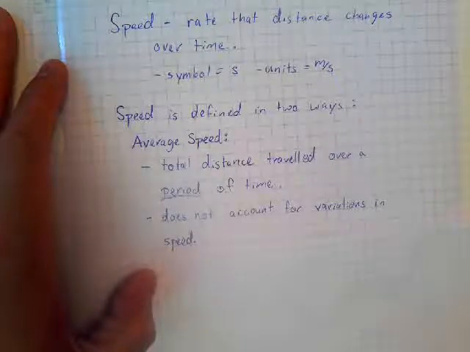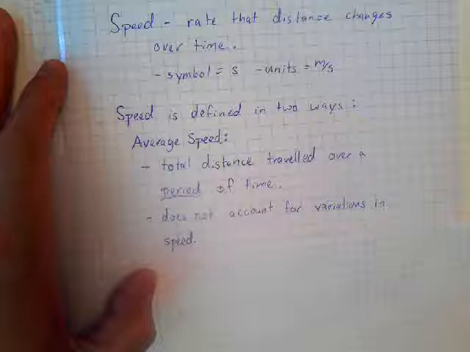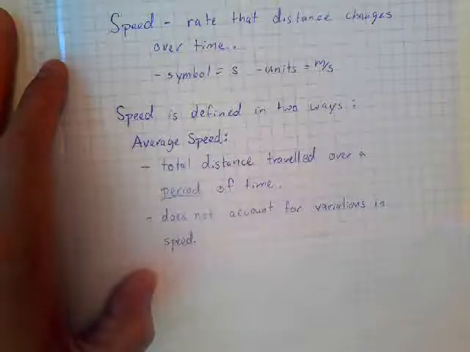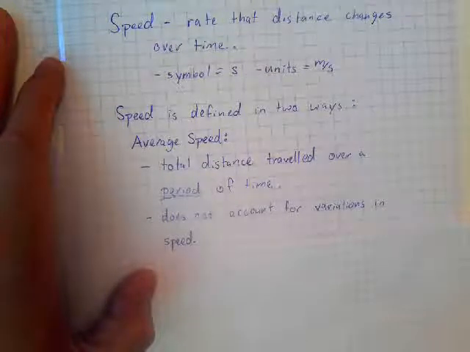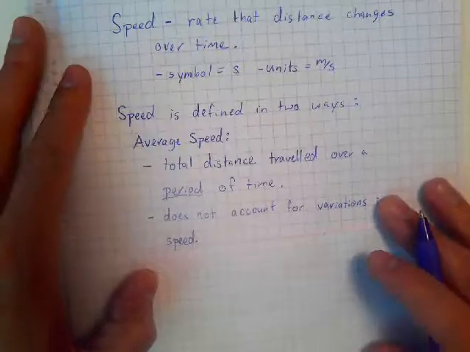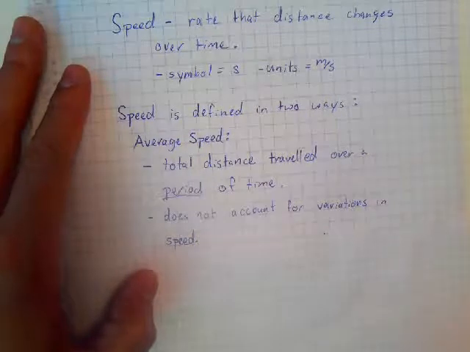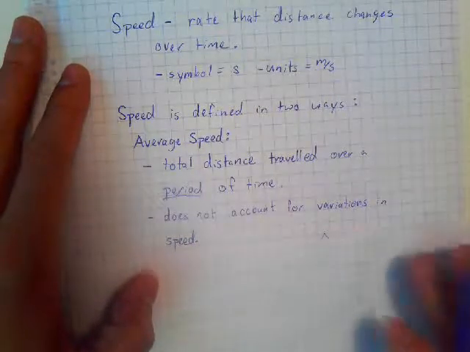You'd come up with about 30 miles per hour. But I could have driven at 50 miles per hour and then stopped for red lights a couple times. And that would bring my speed down, right? So it doesn't give me the whole picture of what the speed is the entire time.